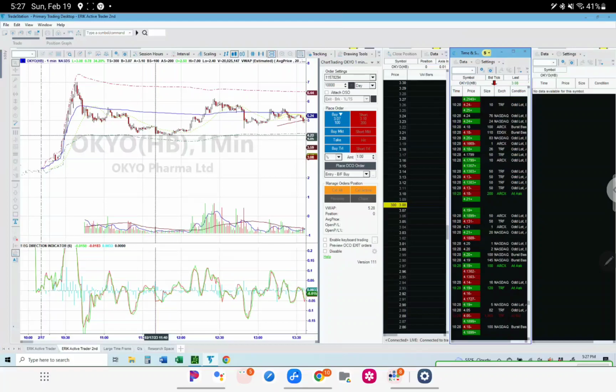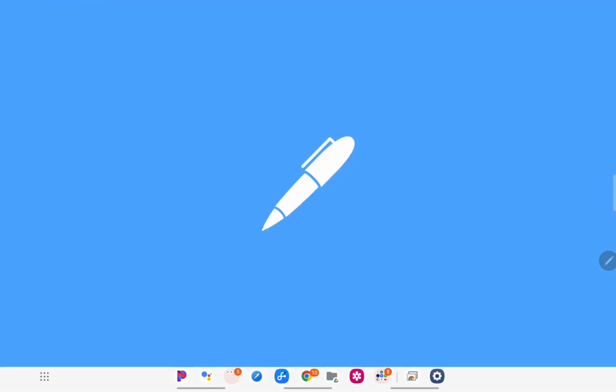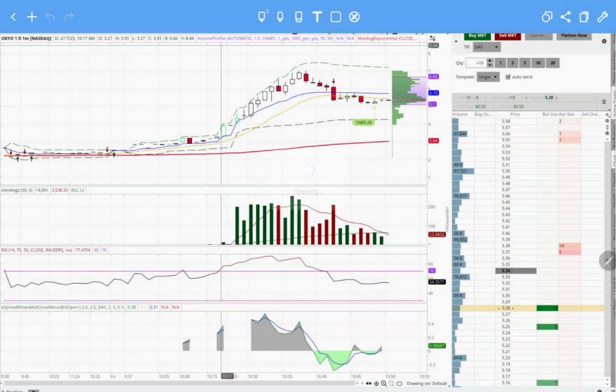Dang it. That's the only thing I don't like about TradeStation either: when I put notes on here, they disappear. They only exist on one chart. If you open another chart or another screen, all your notes disappear, which is crazy. I know I made some notes and I should have done a screenshot of this.